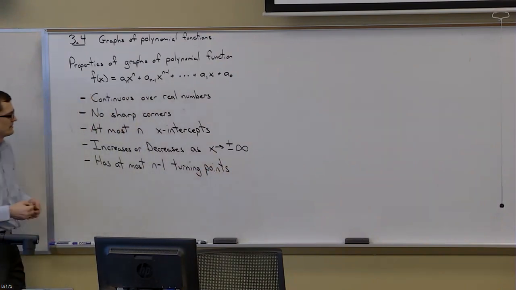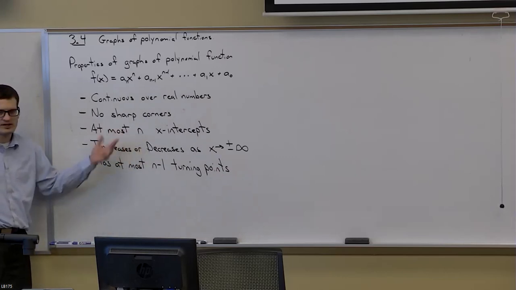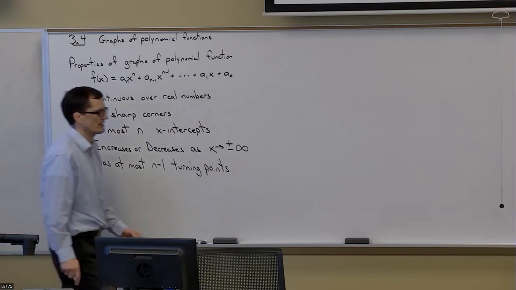And by the way, if you have 3 turning points, it doesn't mean there's 4 x-intercepts, right? You can have 3 turning points and only 1 x-intercept if you want. Something like that.